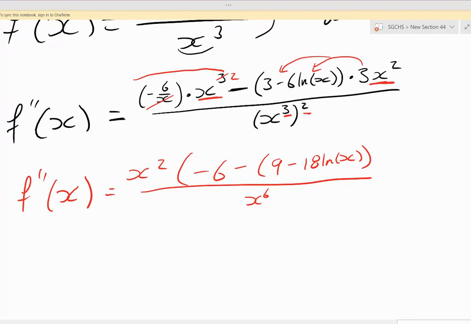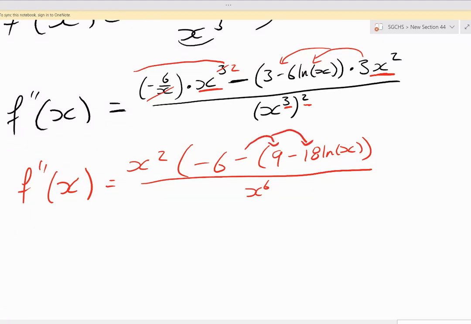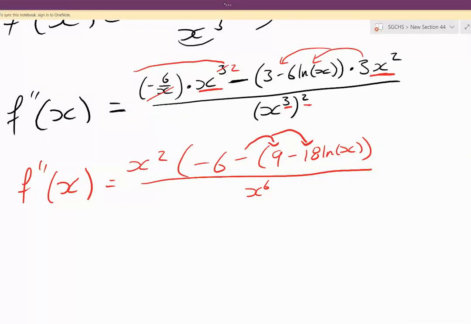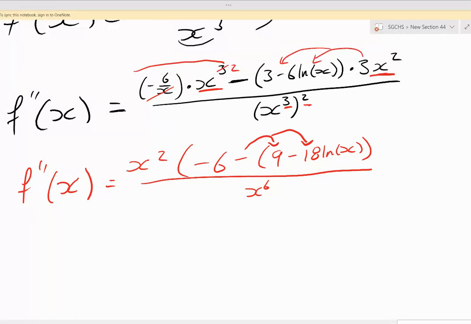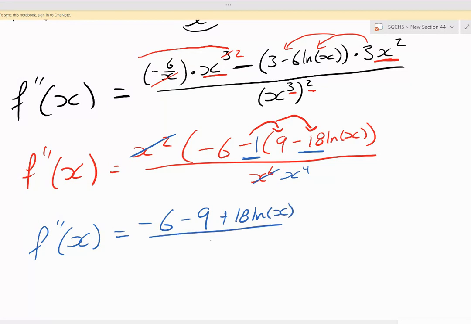From there we can clean a few things up. I'm going to apply this negative inside, and I will also cancel out my x's here. So x squared gets canceled out, and this becomes x to the power of 4. My second derivative will now be negative 6, negative 1 times 9 is negative 9, and negative 1 times negative 18 ln x is positive 18 ln x, over x to the power of 4.